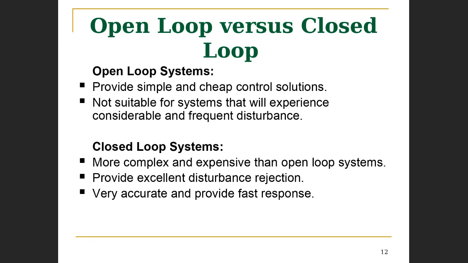Open loop systems have their place and closed loop systems also have their place. But I want to point out that the majority of systems in place today are closed loop. So from this slide going forward, our attention will be on closed loop systems. All right.